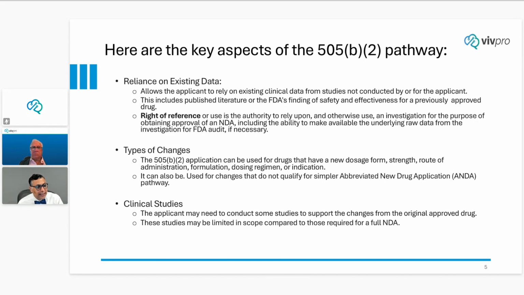The types of changes typically seen for a 505(b)(2) application are going to be new dosage strength, dosage form, route of administration, formulation, dosing regimen, or even indication.